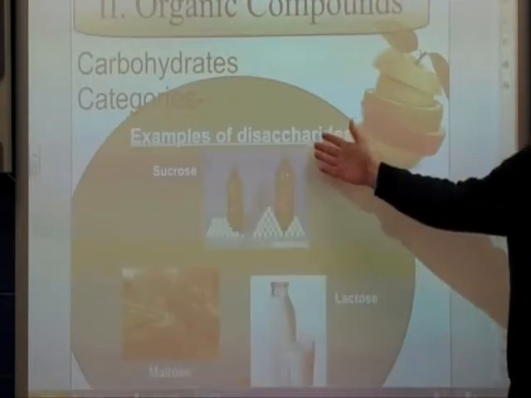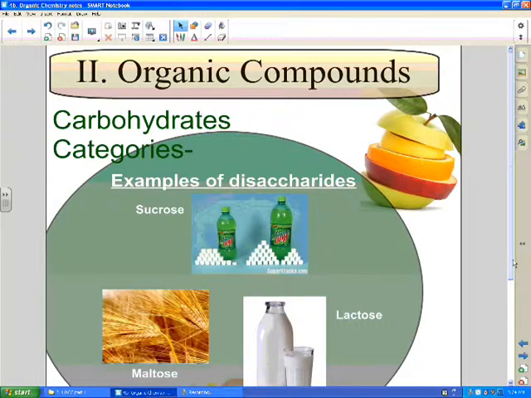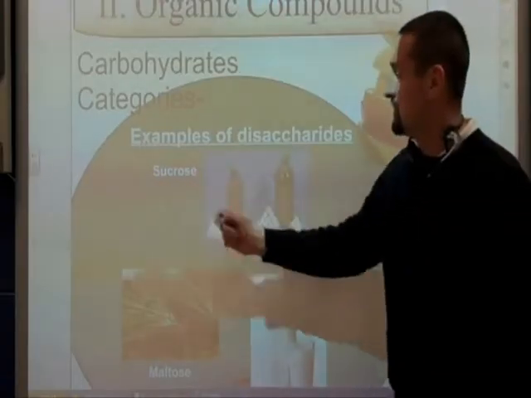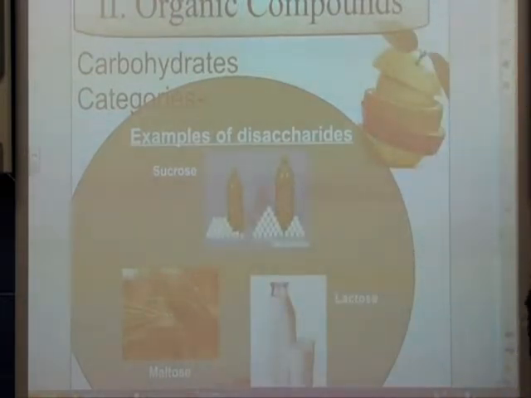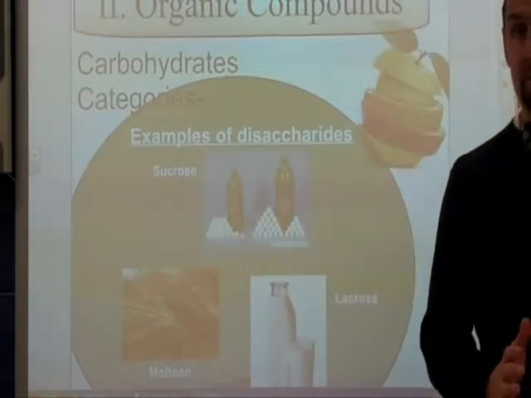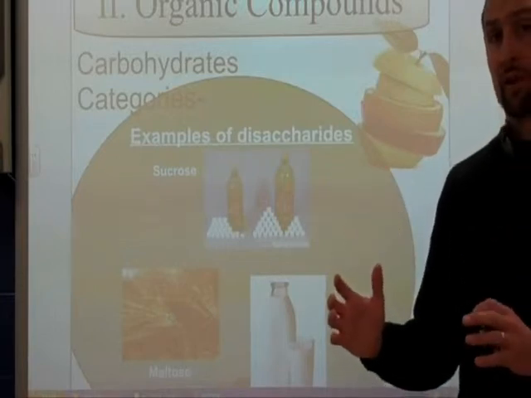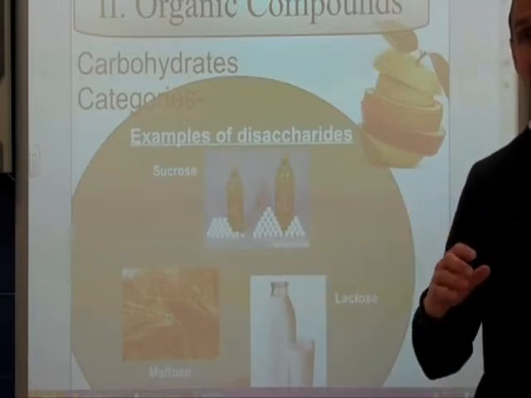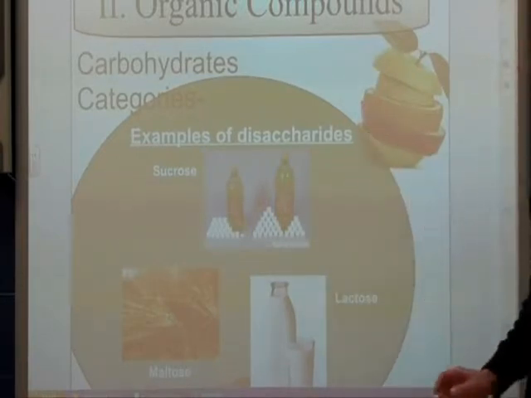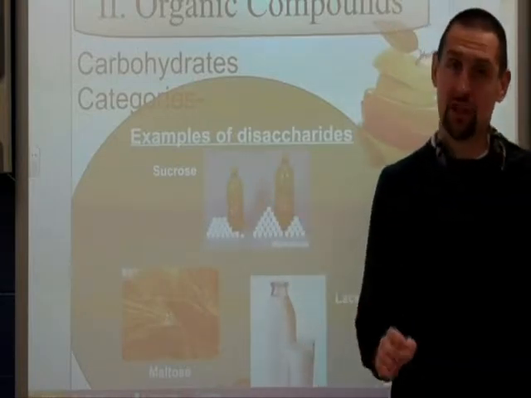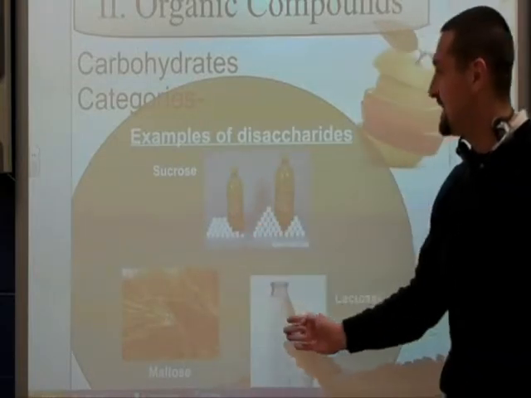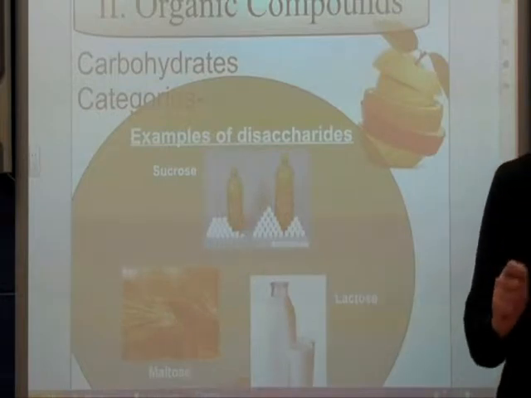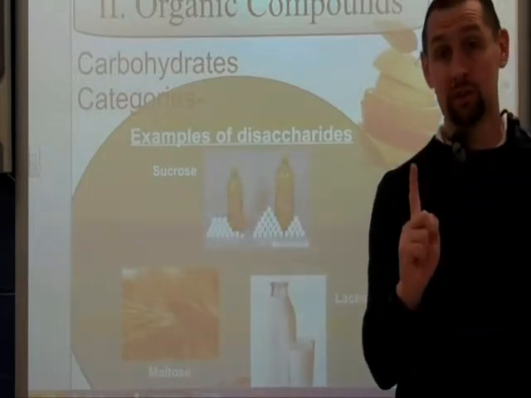Here are some examples of disaccharides. So sucrose, for example, is going to be a glucose molecule and a fructose molecule together. So you have 1 glucose, 1 fructose together. That makes up a sucrose. Now here's a little trick. All 3 of these examples of disaccharides are going to have at least 1 glucose molecule.